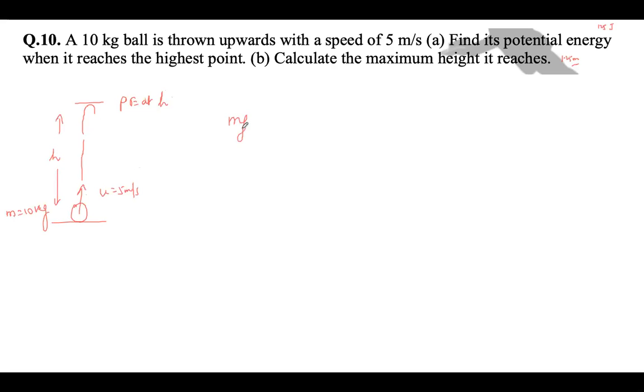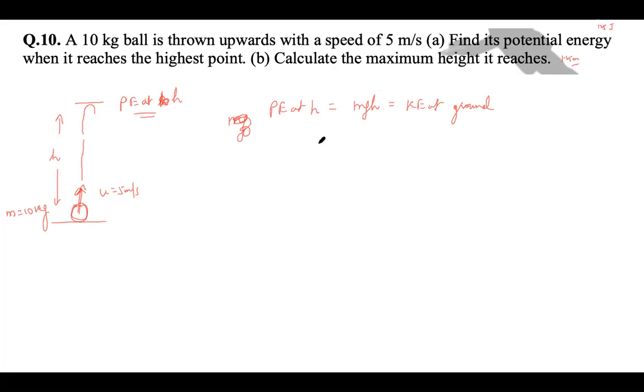So see, potential energy at h is equal to kinetic energy at ground, because whatever kinetic energy you have given to the body here at the ground, that will be converted into potential energy at the height h.